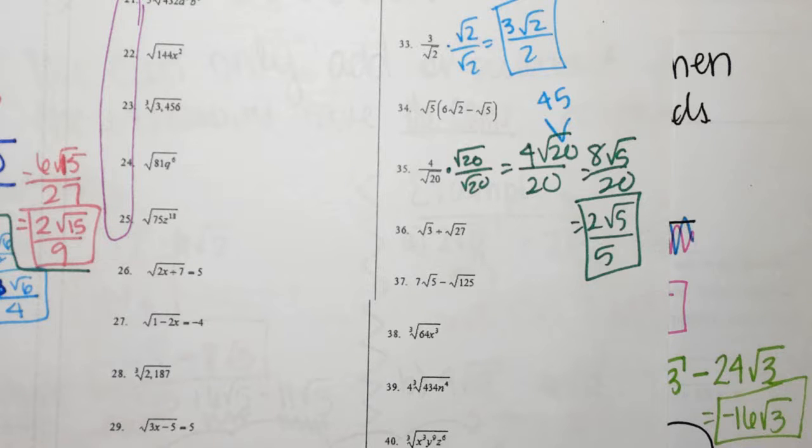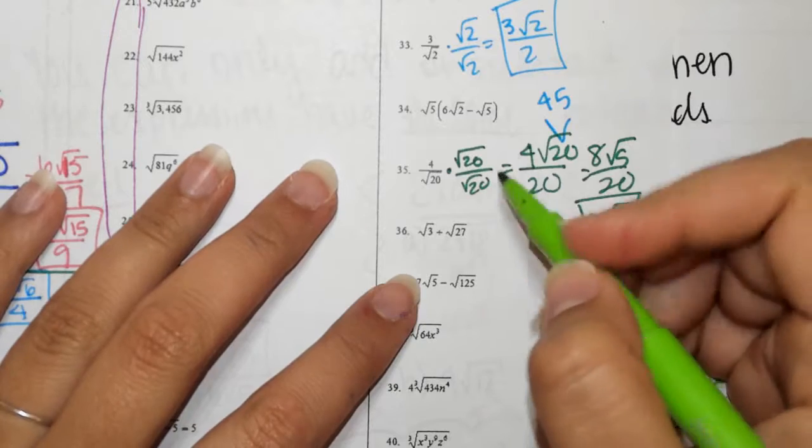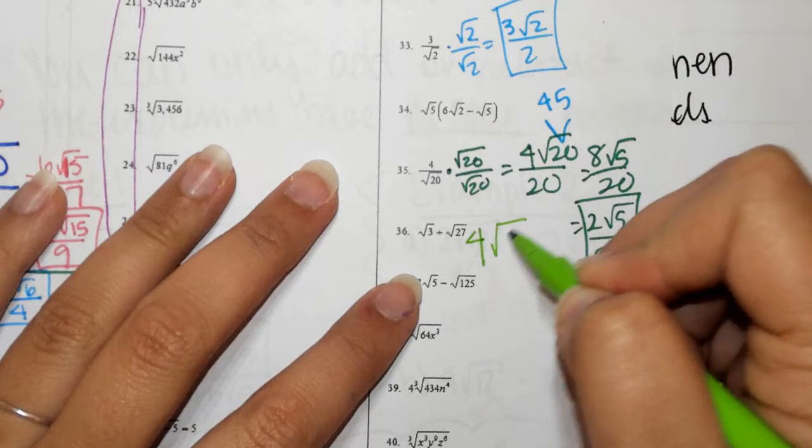Are we done? Yes, Saxon's good. Did I get 4 root 3?